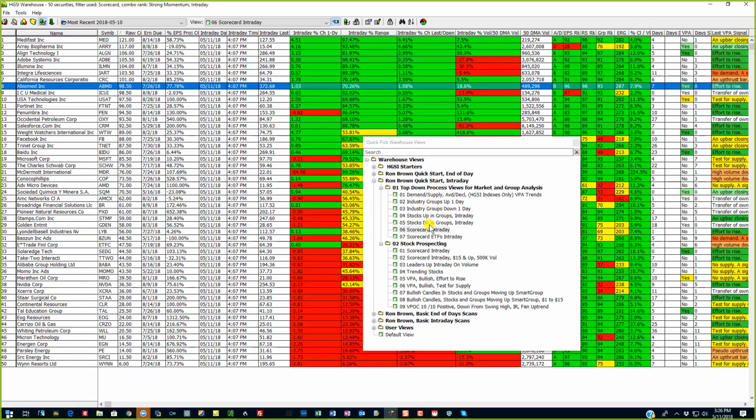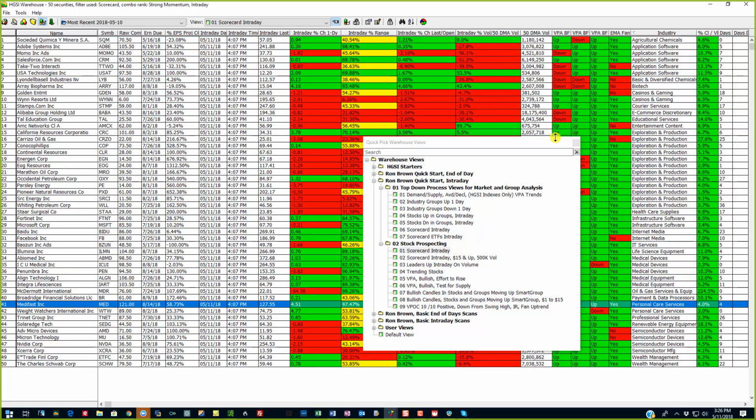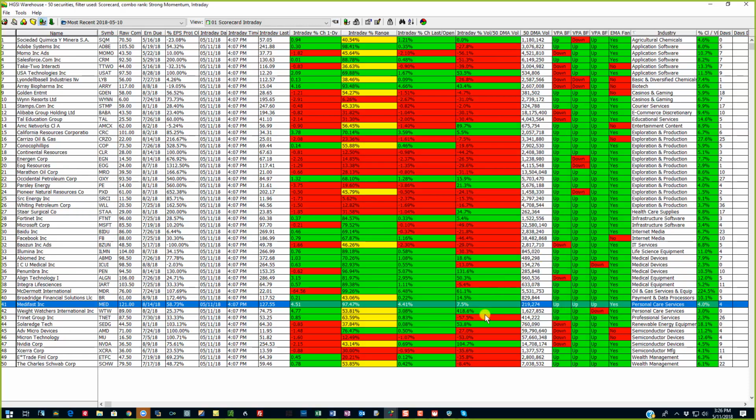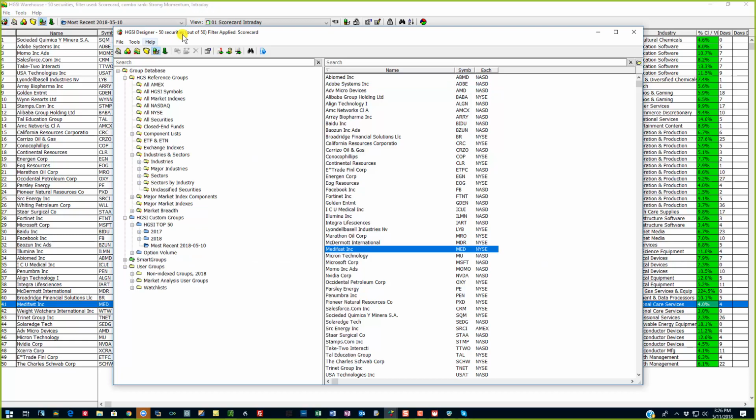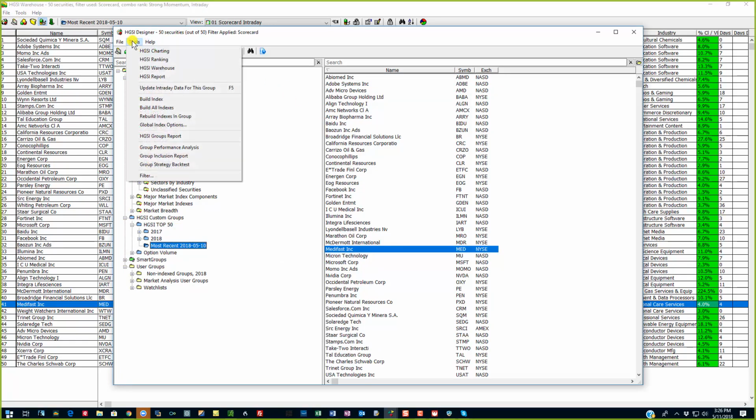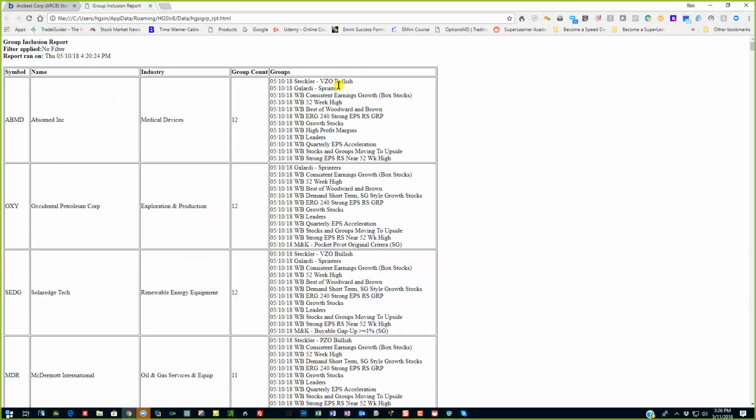If I click through, and let me do the scorecard intraday and sort on the industry groups. These were the stocks that appeared yesterday. Now what you have here using this designer, if you click on a group and you go to tools and you select the HGSI groups report, it shows you the stock groups that appeared, where the stocks appeared.